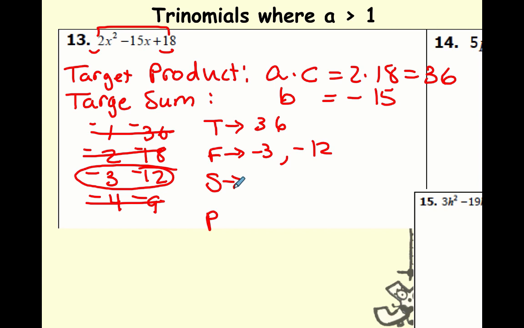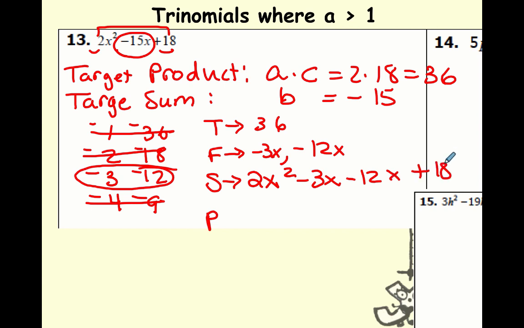What we're really going to do is take our trinomial and make it a 4-term polynomial by splitting negative 15x into negative 3x and negative 12x. And I'm not changing anything because my sum is still the same.